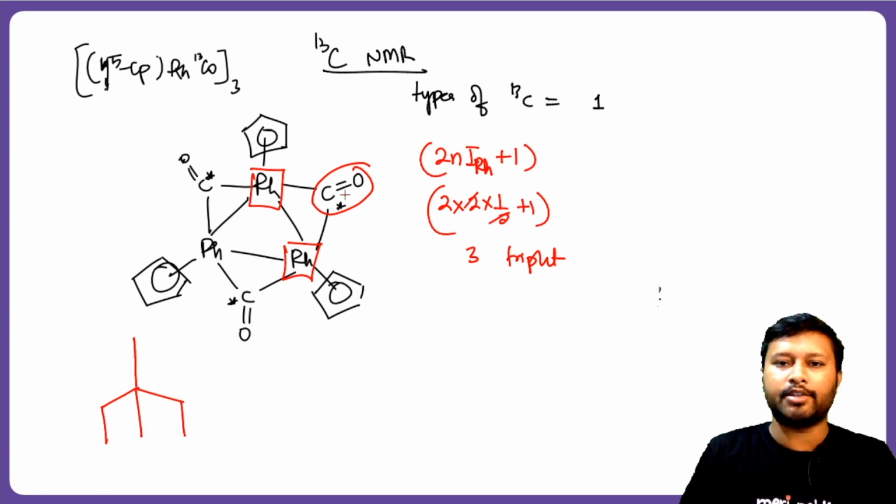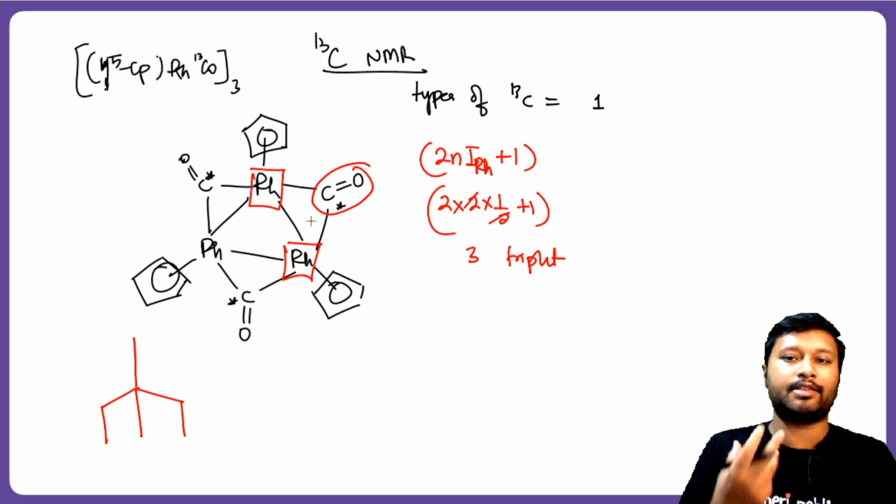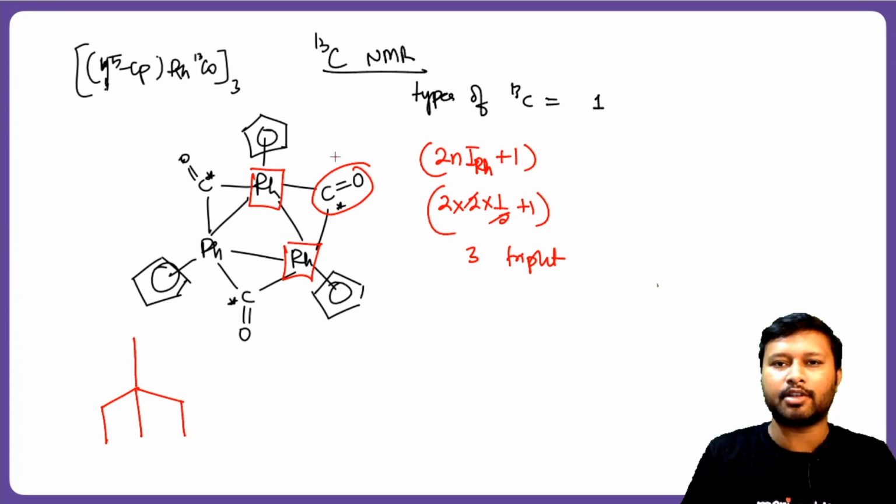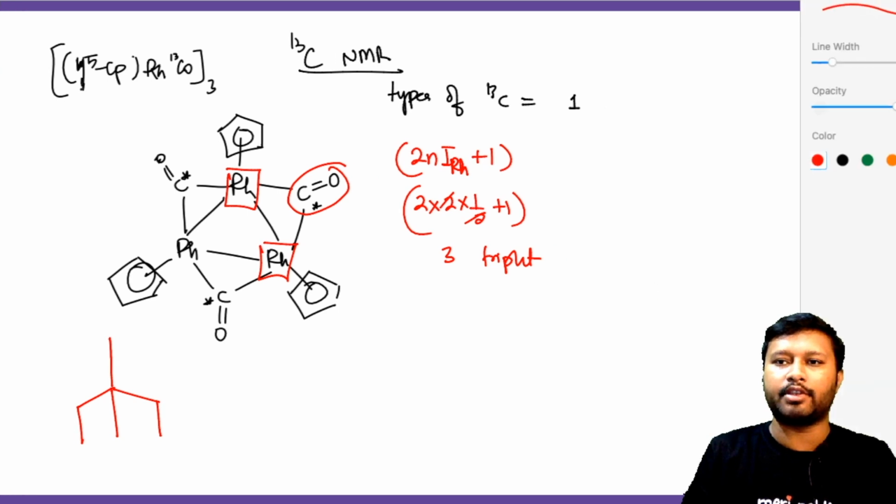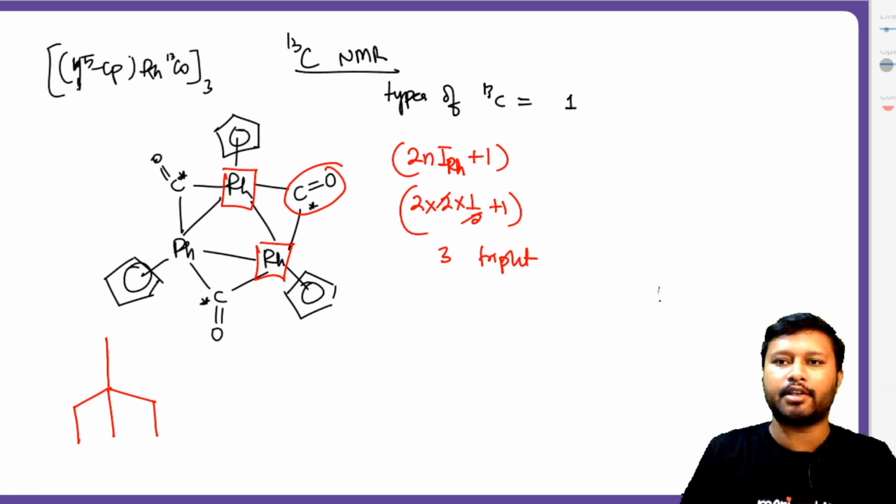So in that case you can expect that the carbonyl is a bridging carbonyl. Now let's assume that this is not a bridging carbonyl. Actually the molecule is not bridging, and it's a normal molecule in which the carbonyl is just attached as a terminal carbonyl.